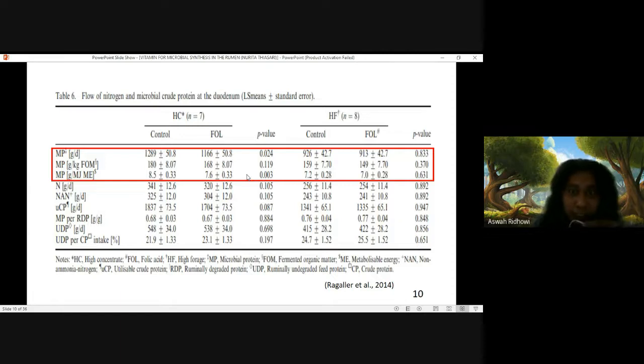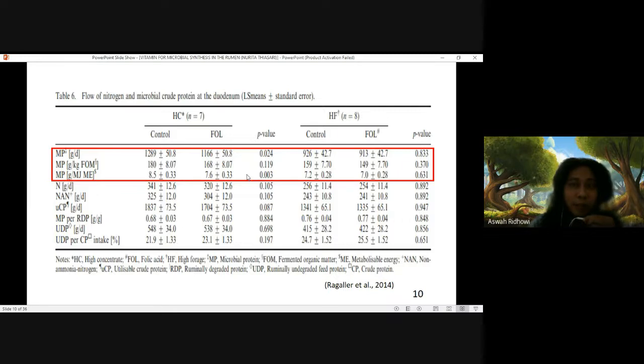Folic acid in this case seems useless. It doesn't give a good effect if we provide it with high energy from forage. But if the energy comes from the concentrate, maybe related to the starch, then the folic acid will be more useful.